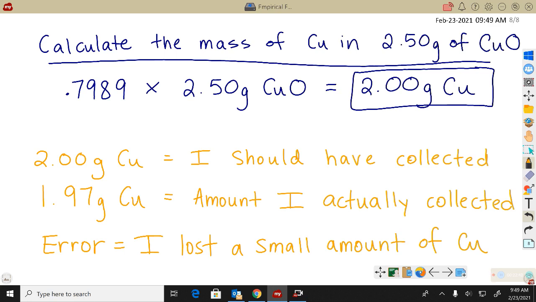I think I did that about 3 times, but sometimes there's just a little bit of copper that still sticks on the sides of the beaker. Maybe I should have rinsed my beaker a 4th time. In the end, all that extra water is fine. We just dumped it down the drain. So maybe I didn't get all the copper out of the beaker. I should have rinsed it a little bit better.